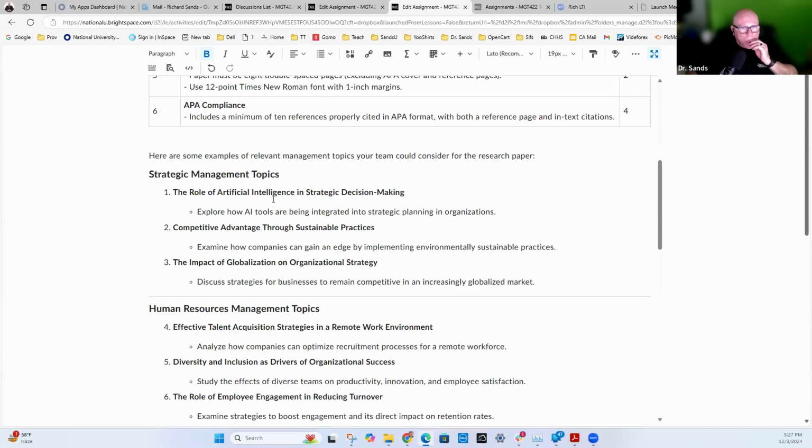What I wanted to do was put some examples down here for number 1A. Y'all could use one of them, or B, just so we're all on the same page, because relevant management topics is a pretty broad statement. I wanted to make sure we all at least were on the same page with what that meant. So you can select one of these, or if you have a management topic that you prefer that's in alignment, then by all means you can do that one.